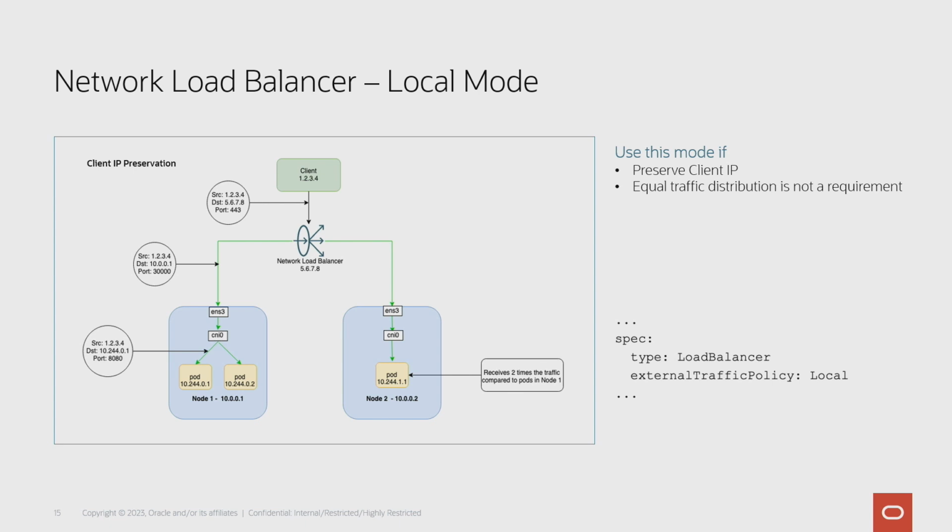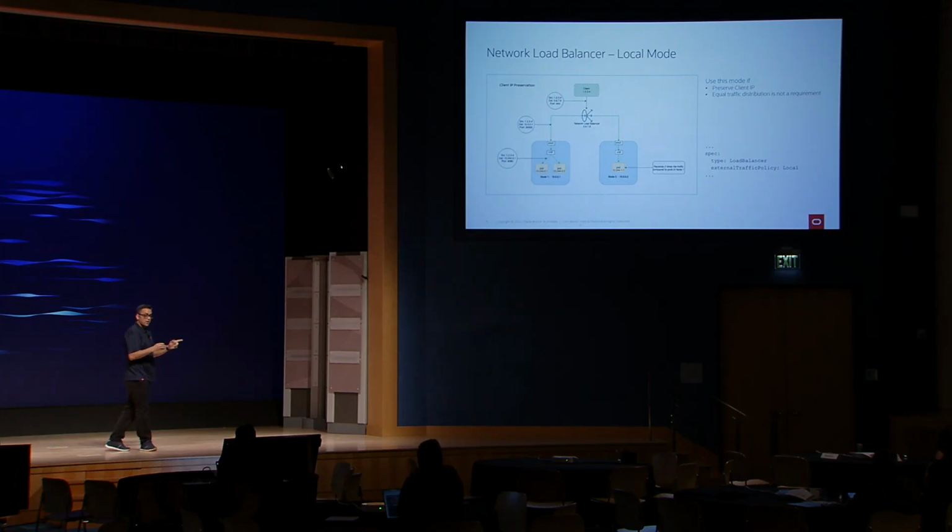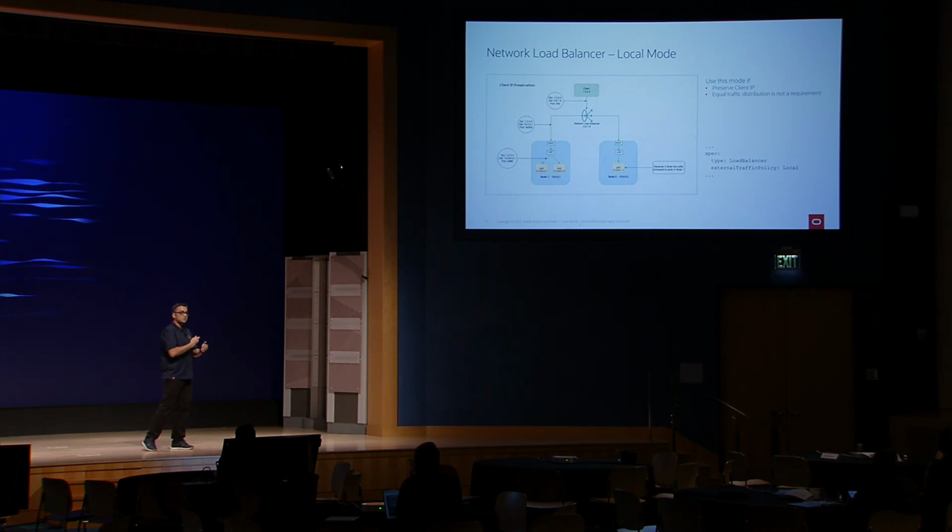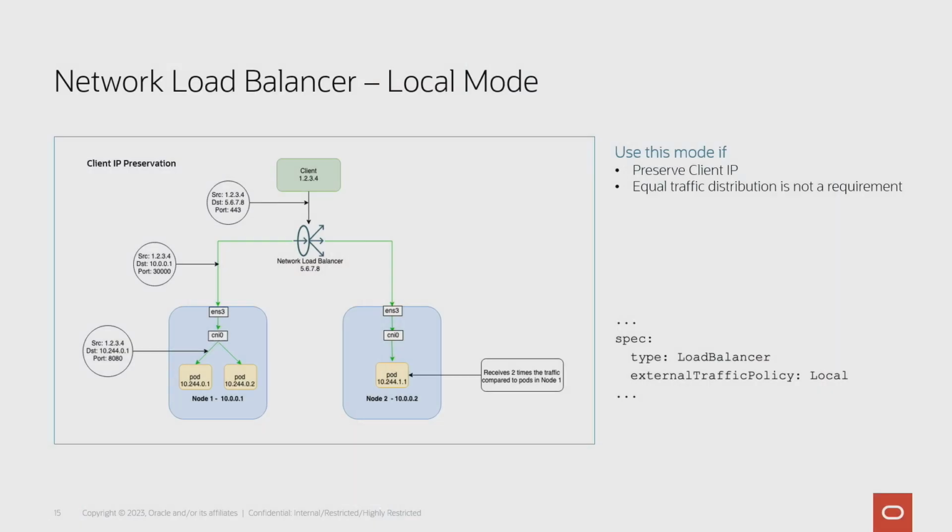The third one would go to the second worker node, but to the second pod, .0.2. And the fourth would again go to this right worker node and hit 1.1. So as you can see, 1.1 is receiving 2 times the traffic compared to what other pods are receiving. If you're not planning things well, this is where your traffic might not be distributed properly.